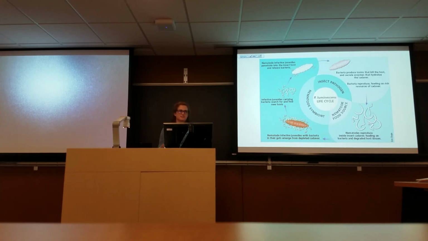After it releases the toxins, the insect dies, and they rapidly reproduce using the organic material inside the insect, and they eat their way out from the inside, like bursting through. It's kind of like an alien movie where the alien pops out of the human, very much like that. After it pops out, it finds a nematode to hook up with. The nematode infects an insect, and we do the whole thing over again. So very peculiar, but it works for them.